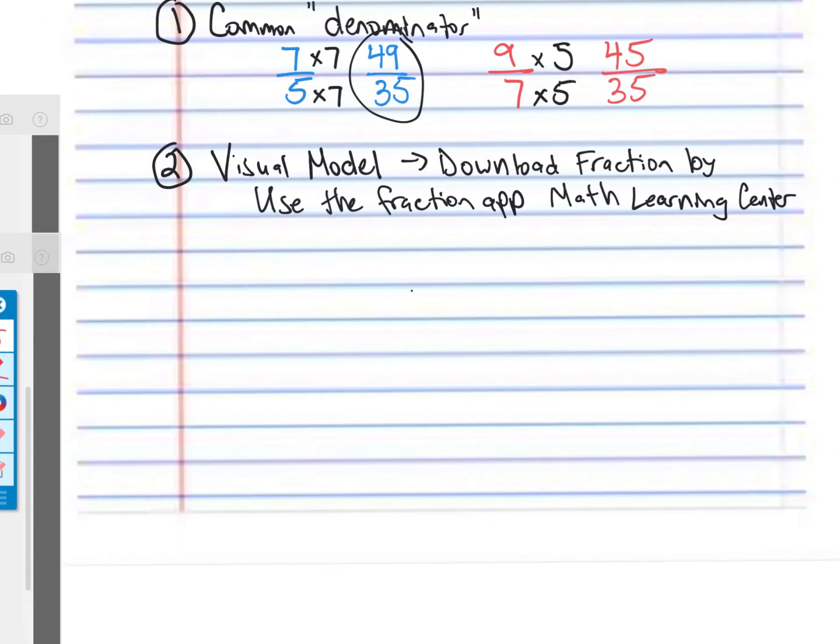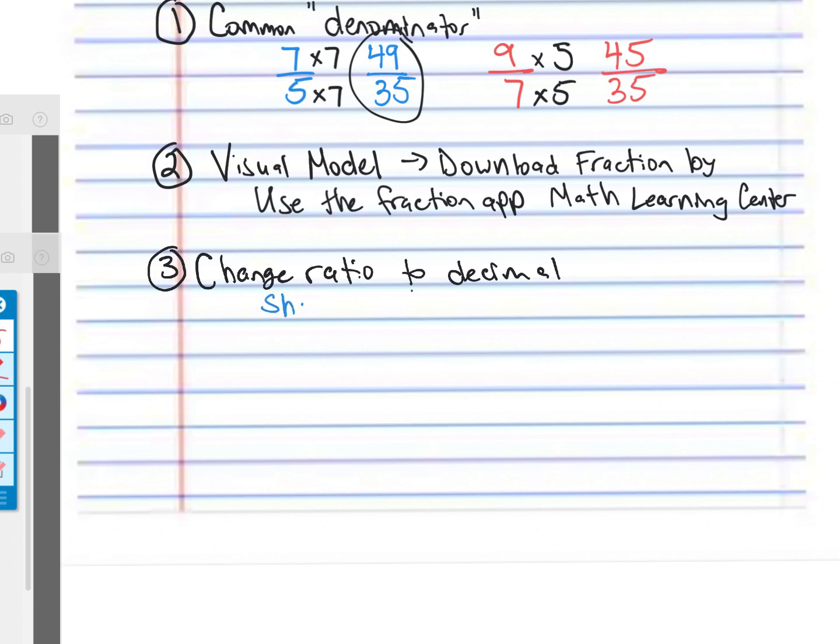Our third strategy is probably the one that most of your parents would think about using if you were to ask them. And what we're going to do is we're going to change our ratio to a decimal. So once again, we can use a part-to-part or part-to-whole ratio.